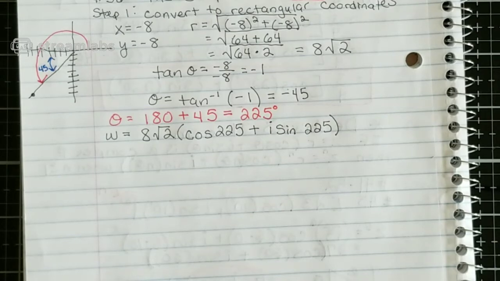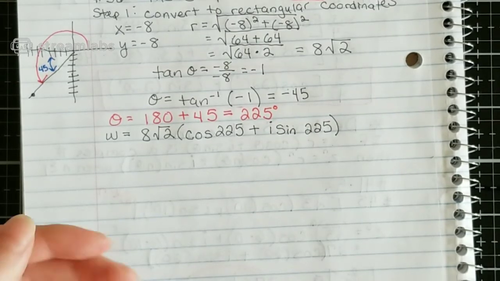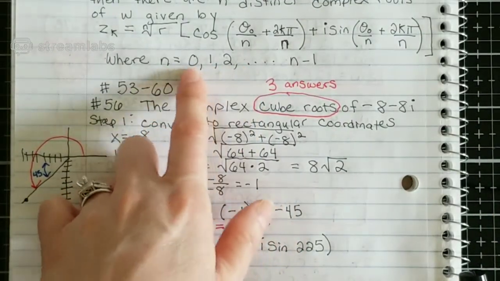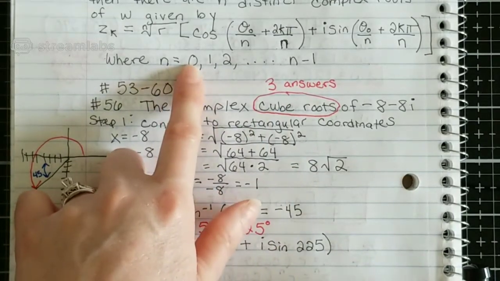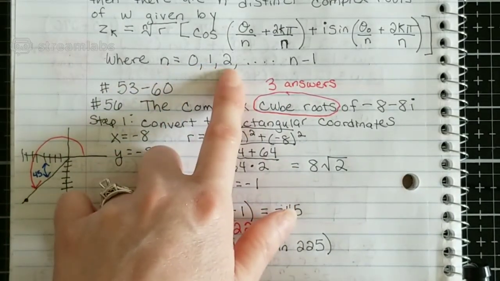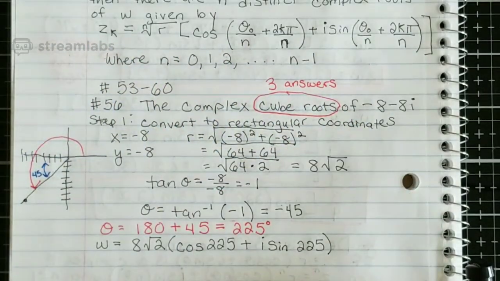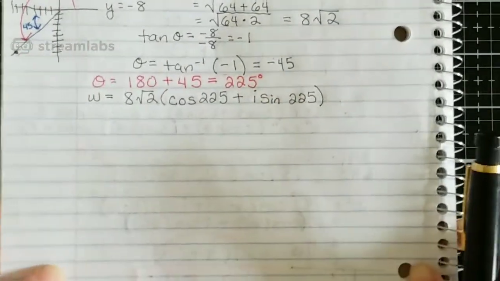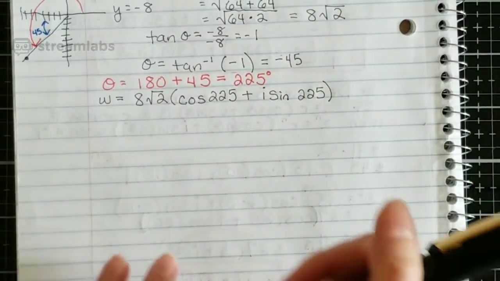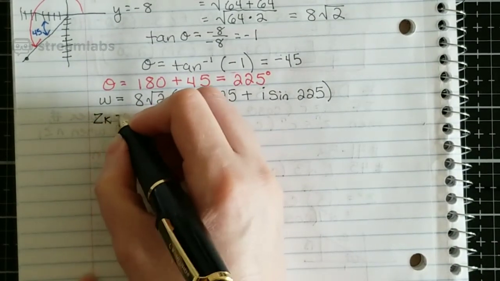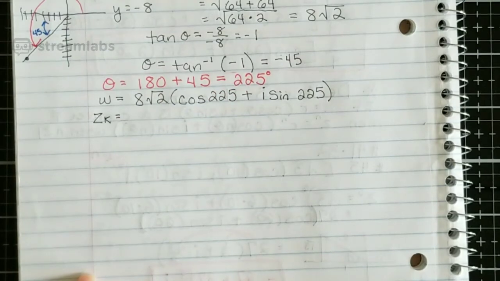All right, now we're going to do a general formula for K before we plug in the first three things. So since this is a cube root, I'm going to have to do n is 0, n is 1, and n is 2. But before you plug those in, it's easiest to get a generalized formula and then just plug everything in once you know that generalized formula. All right, so R z sub K is going to equal.